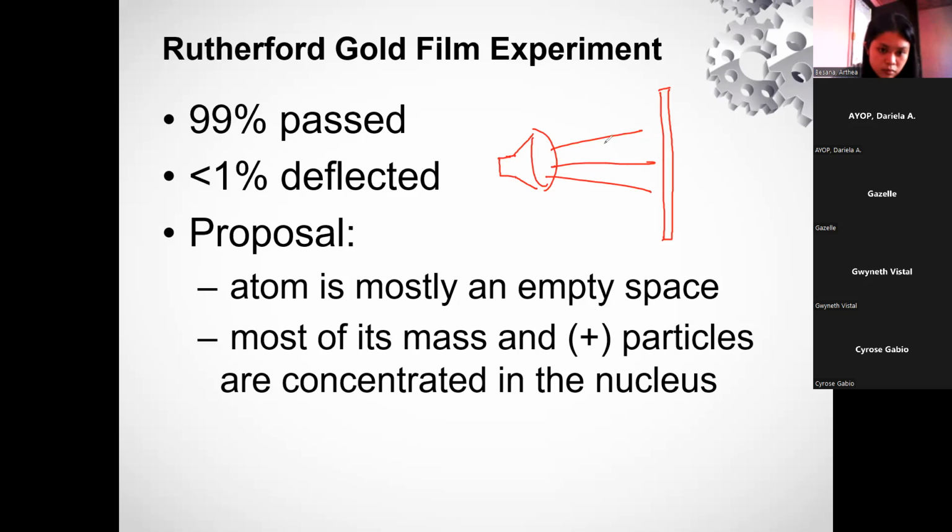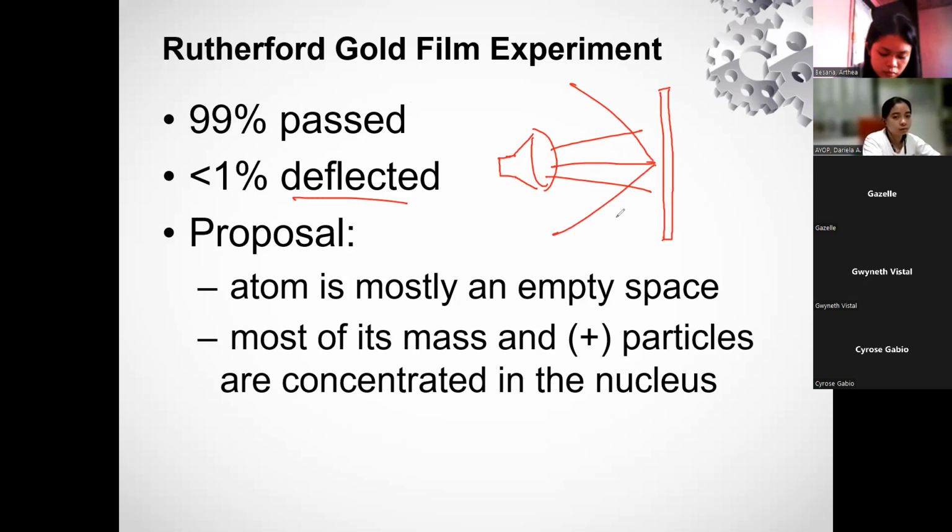And then, when he shone the light on the gold foil, what was his observation? 99% of the light passed through the gold foil, and 1% of the light was deflected. It bounced back. Only 1%. The rest, 99%, passed through the gold foil. That is the experiment of Ernest John Rutherford.